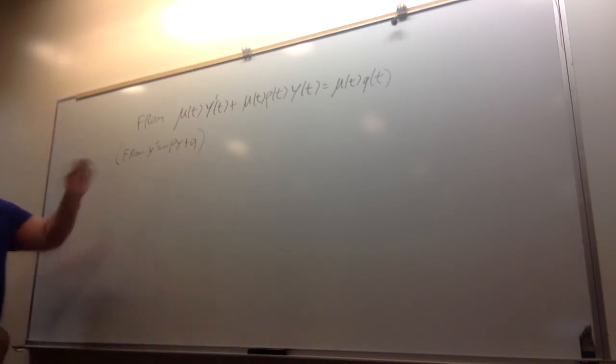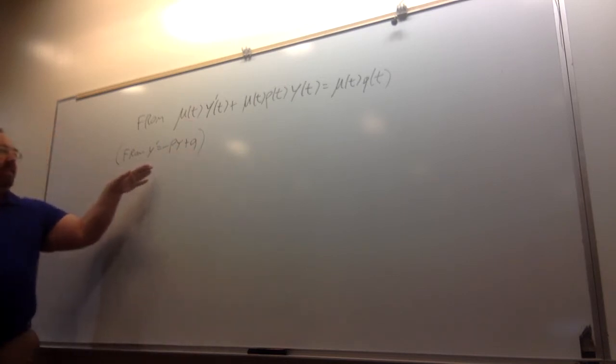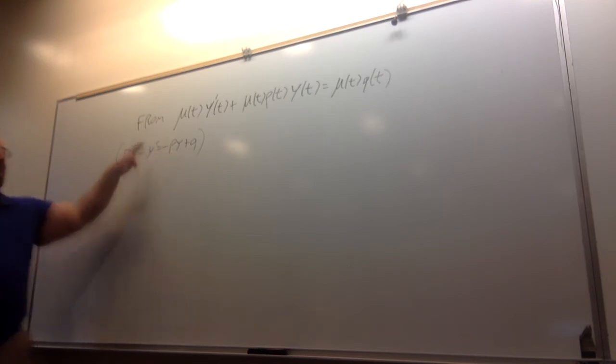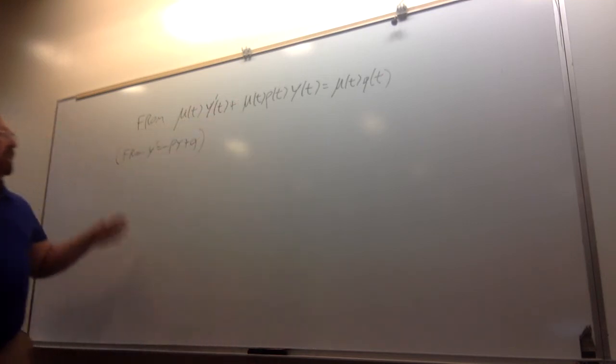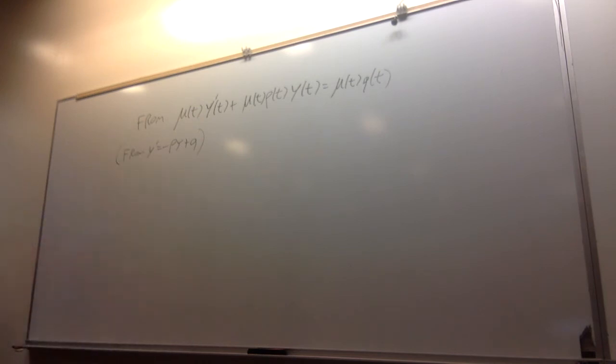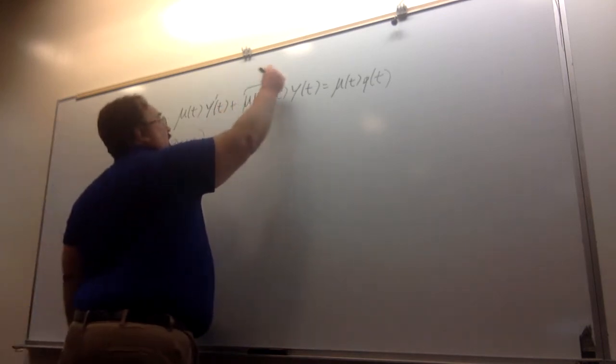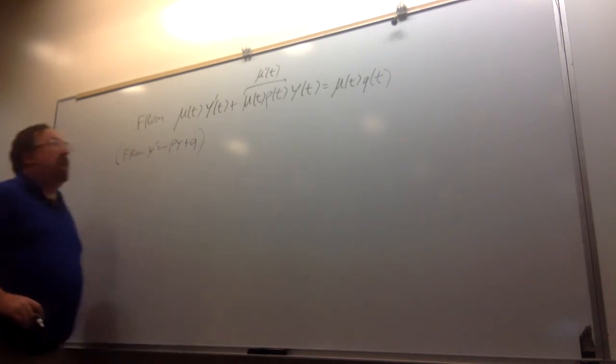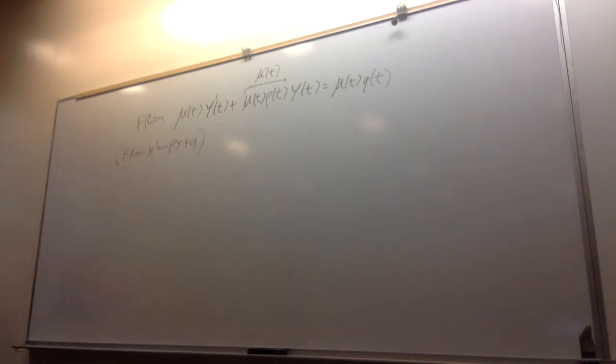So that's for a general linear equation. And now you can see why I put the minus here. I'm moving this to the other side. So now I have y prime plus py is q. And then I multiply both sides by the integrating factor. Now, if we keep in mind that mu times p is the same as mu prime of t, because that's the way the integrating factor was defined.